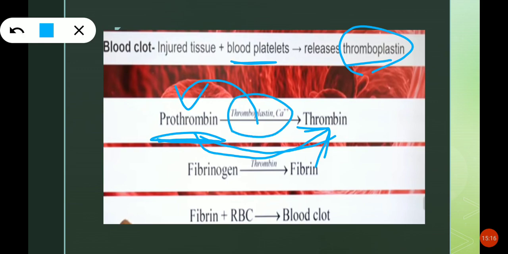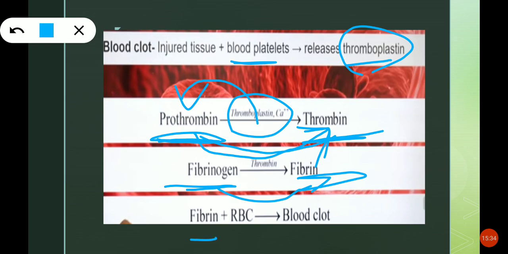Then because of this thrombin, fibrinogen converts into fibrin. So what is fibrin here? Fibrin is nothing but a fiber-like structure.